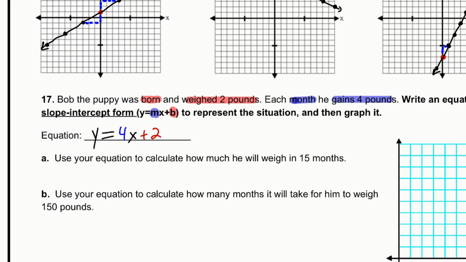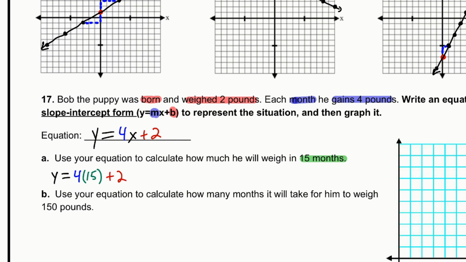Now we're going to use that equation to calculate how much he will weigh in 15 months. So here our x is the number of months and y is the weight. So we can plug in then an x value of 15. So I'm going to use 15 months there. So it'll be 4 times 15, and then plus 2.